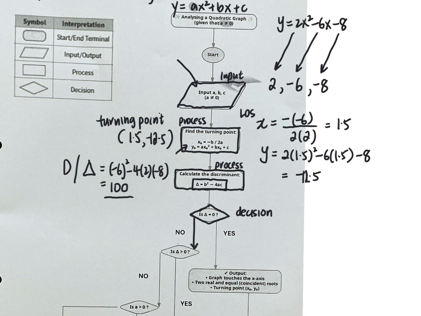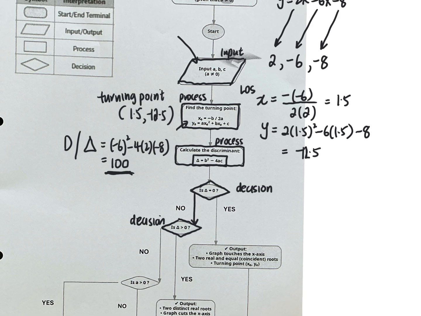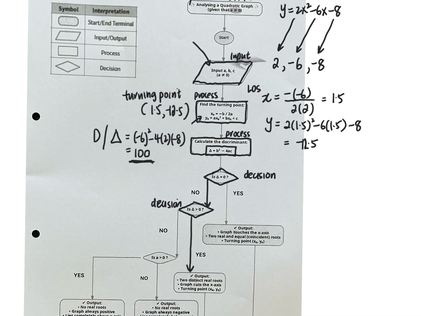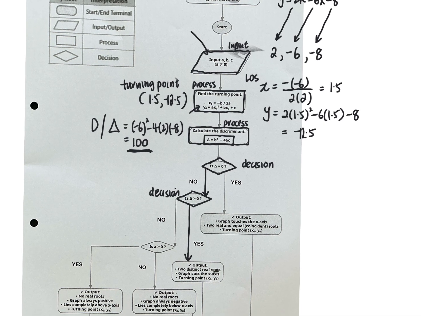Then they ask you, is it positive? Another decision to make. Is this positive? Yes. So we go under the yes branch. And then they tell you that you should have 2 distinct real roots. That means you should have 2 solutions that are different from each other.